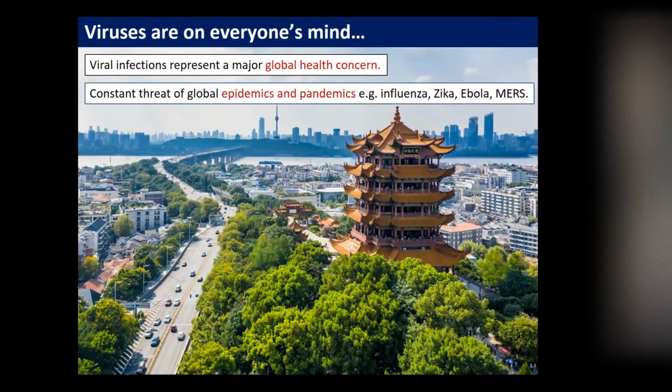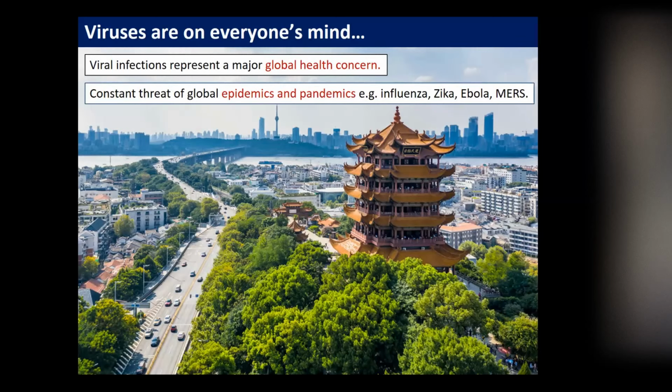There's always been a constant threat of epidemics or pandemics, and some of the ones that have really hit the headlines over the last couple of years are influenza. There's the Zika virus, which has been associated with neural defects in babies born to mothers who are infected with the virus.